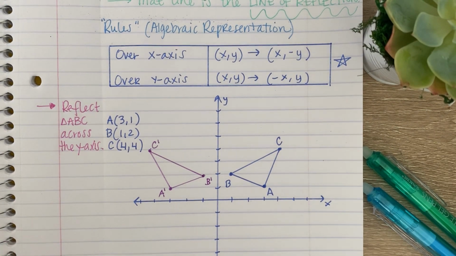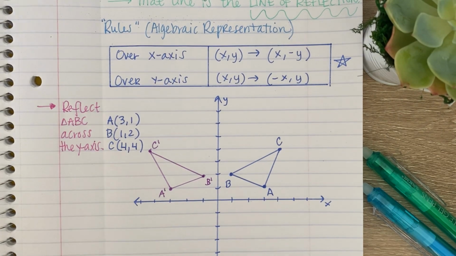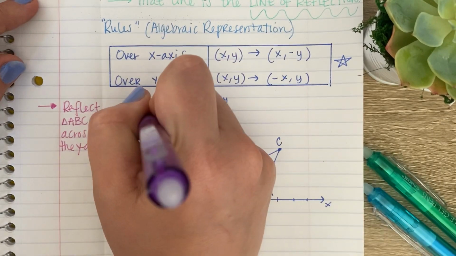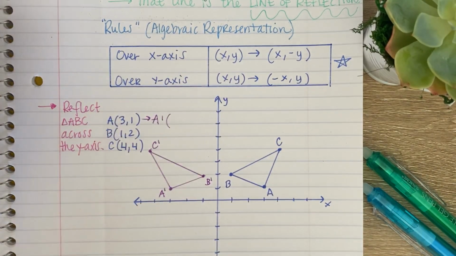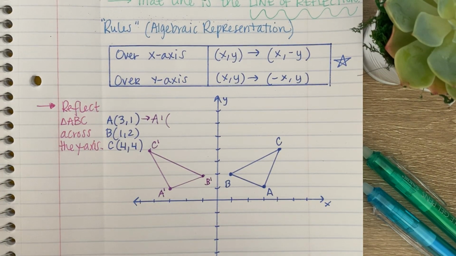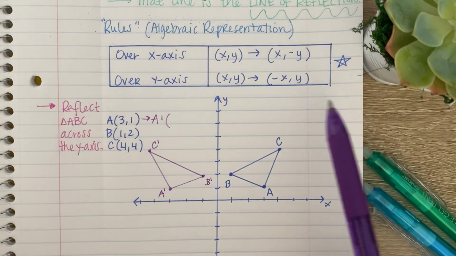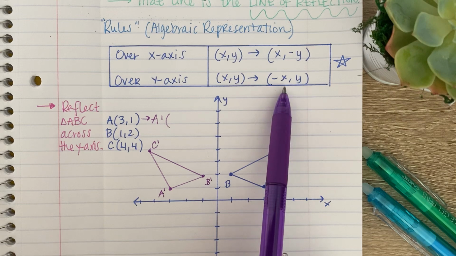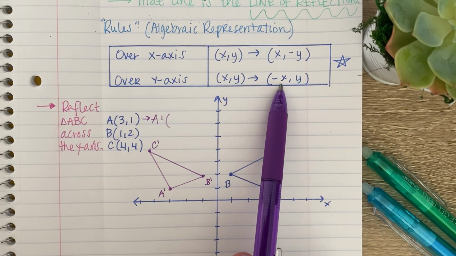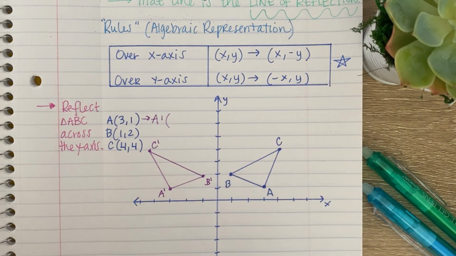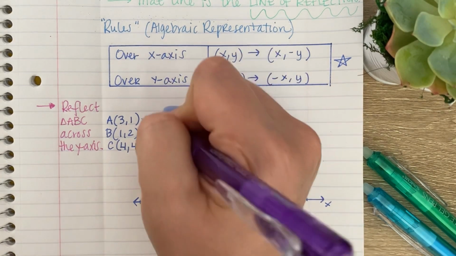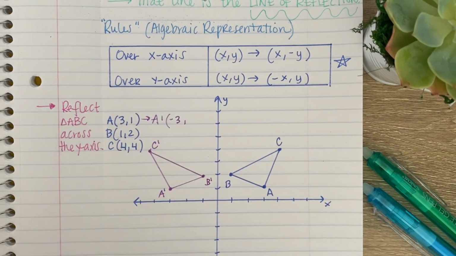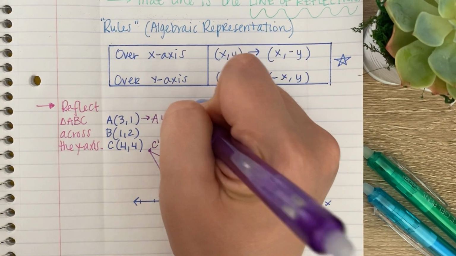Just by looking at our picture, it does look like a reflection. That's what it should look like. So let's use our rules. So our point A, (3, 1), if we're using our rule for over the y-axis, you change the sign of the x, but you keep the y. So our positive 3 will become negative 3, and we keep the y.